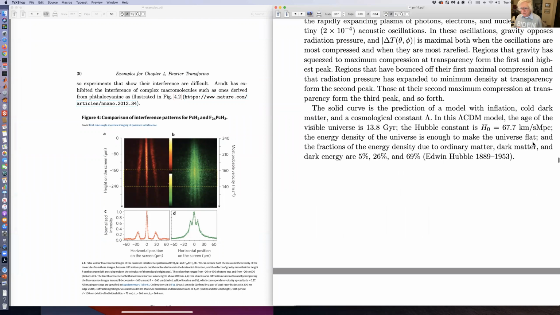The energy density of the universe is enough to make the universe flat, so that's what lambda is taken to be. And the fractions of the energy density due to ordinary matter, dark matter, and dark energy are 5%, 26%, and 69%.